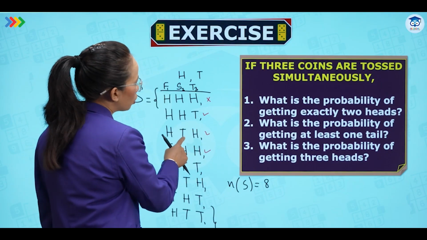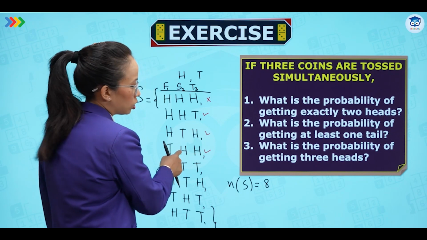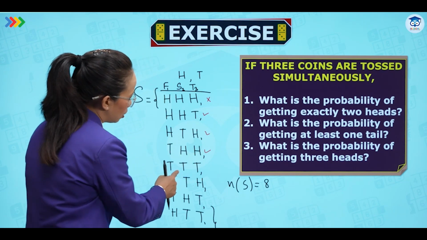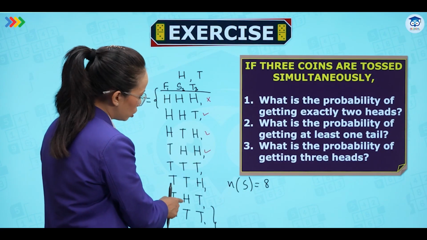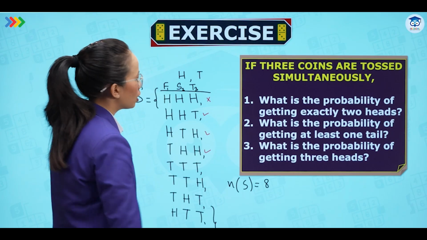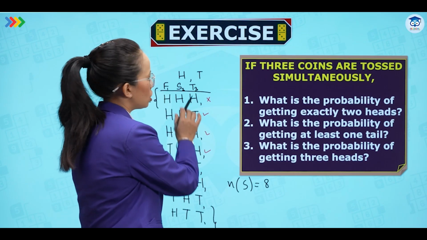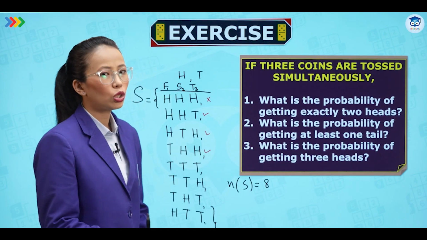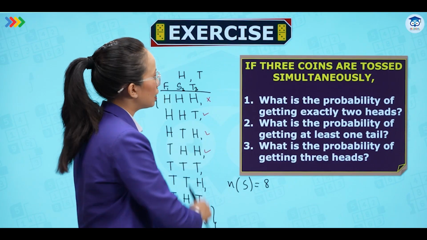Then this also has 1 tail, this will also be considered. This is also considered because it has 3 tails. This is also considered, it has 2, same here also, same here also. So the only one that is not possible is HHH, right? So total there will be 7, because we are not considering the first one.